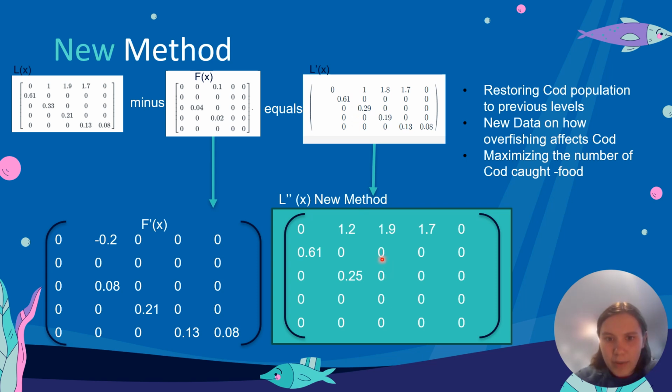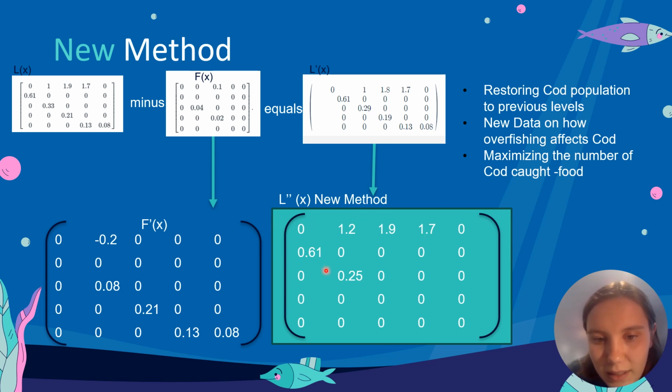And just to run through L prime prime and what it means, we are producing 0.2 more babies from the 2 to 4 group, and then 1.9 from the 4 to 6 group, and then 6 to 8, 1.7. So these are all similar numbers. And remember, these are all the total number of eggs from each age group.